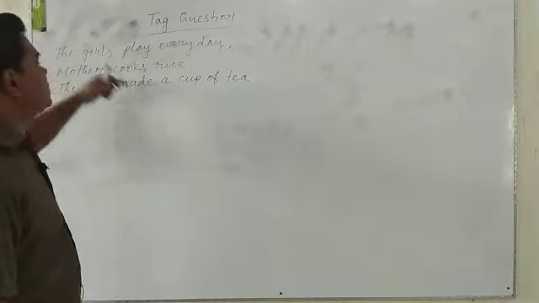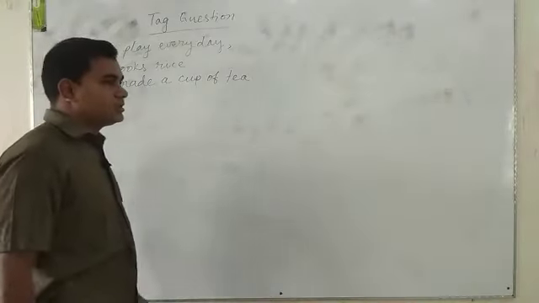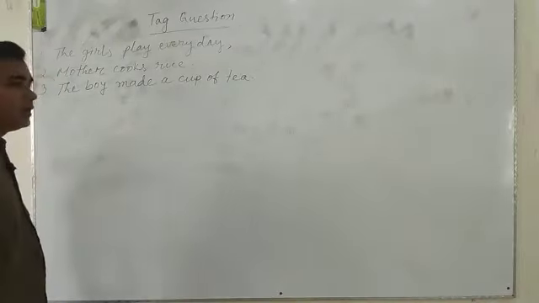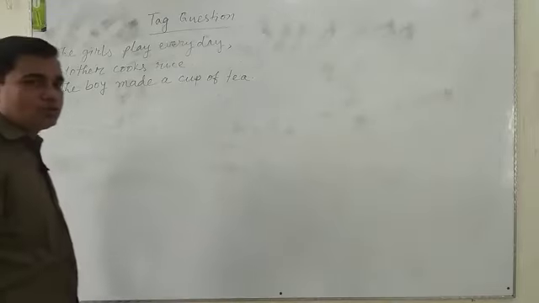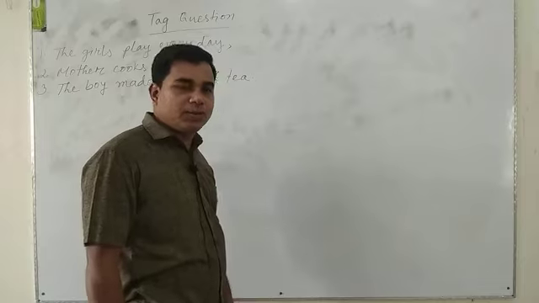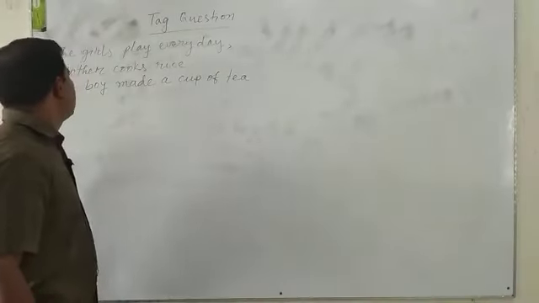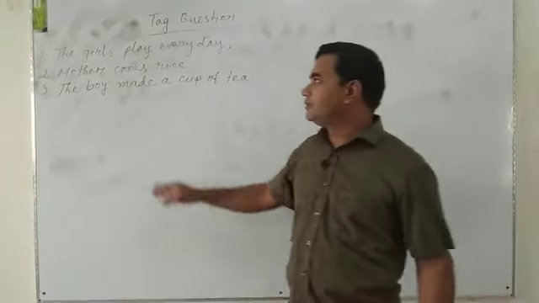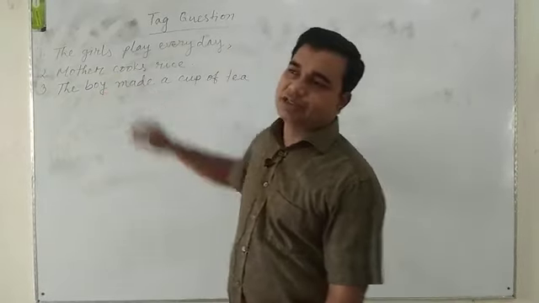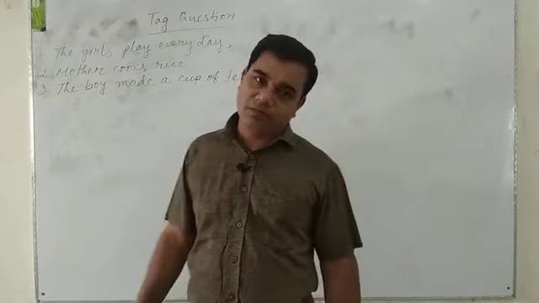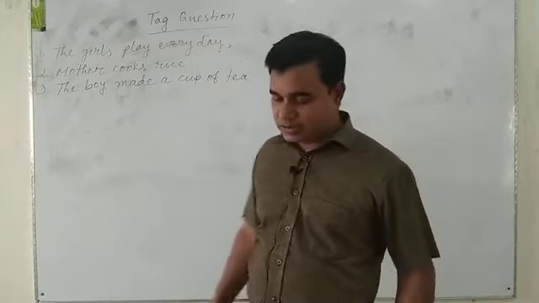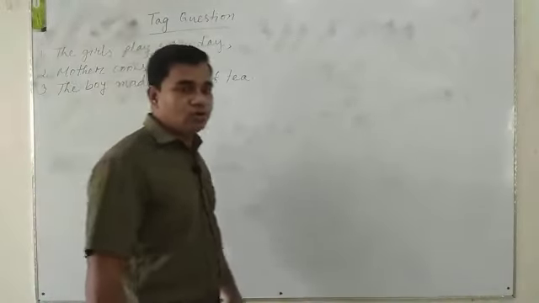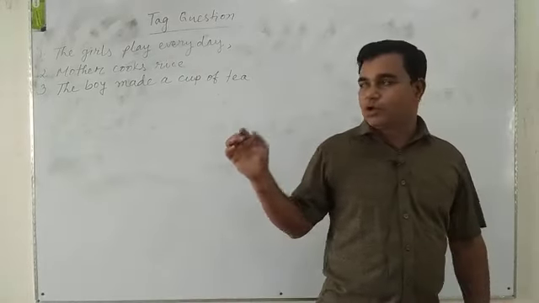Here, the first sentence is in the present tense, and if the subject of the sentence is in plural form, we are to use do as an auxiliary verb or operator, and if the subject is singular, and if the verb bears s or es at the end, we will use does.